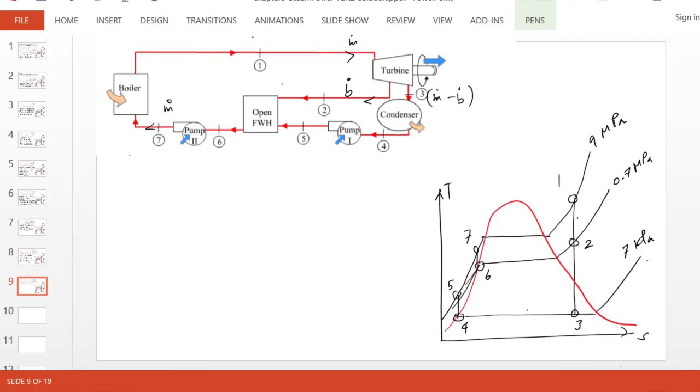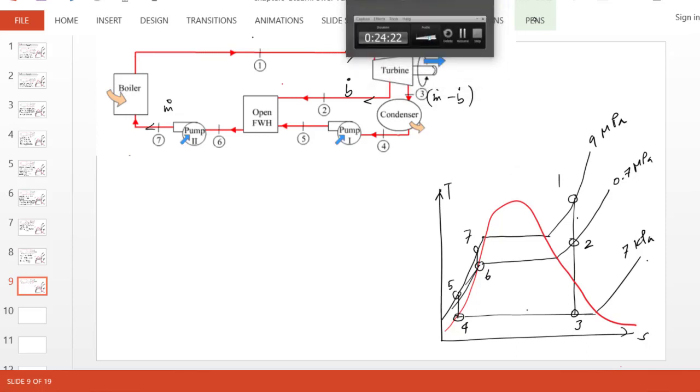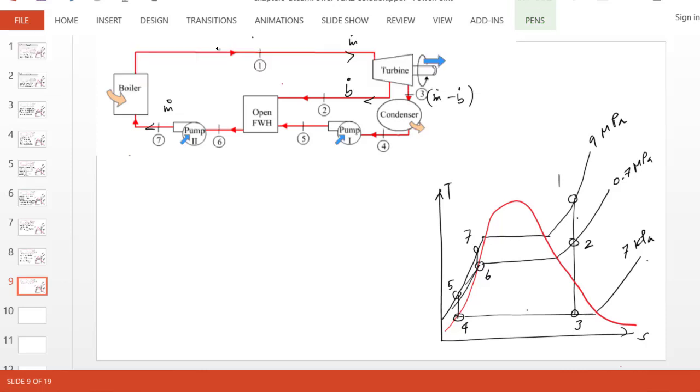Based on a flow rate of m dot equals 1 kg per second, we can now calculate all the energy transfers in different devices. We can show the turbine work output, for which we already got an expression in terms of enthalpies. Instead of rewriting the expression, let me just write down the answers, and you can verify that.